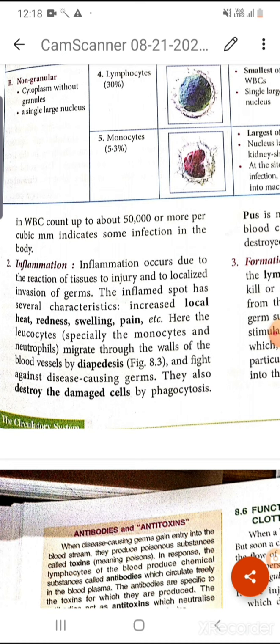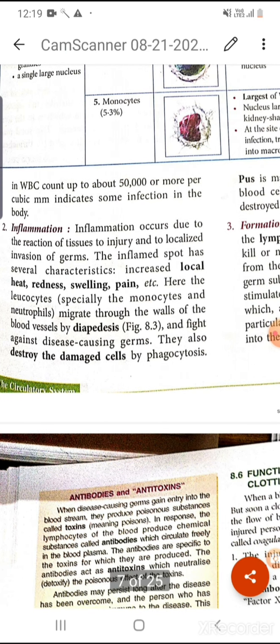That is actually inflammation. Whenever we have an injury of a particular tissue, or there is accumulation of germs, viruses or bacteria, that region is inflamed and shows characteristics like heat, redness, swelling and pain.